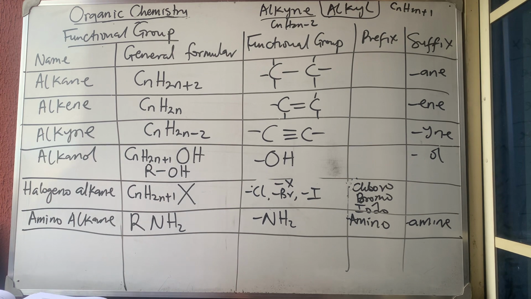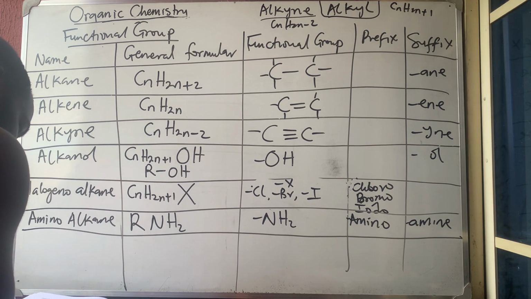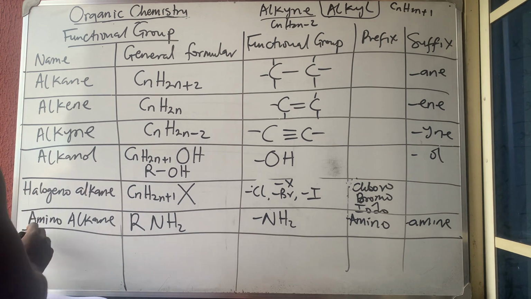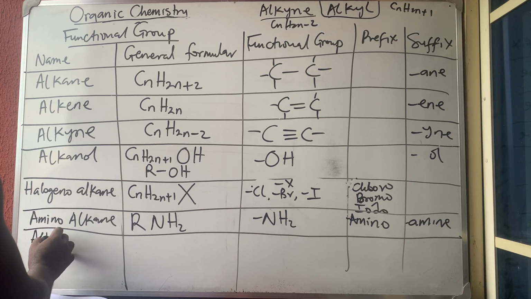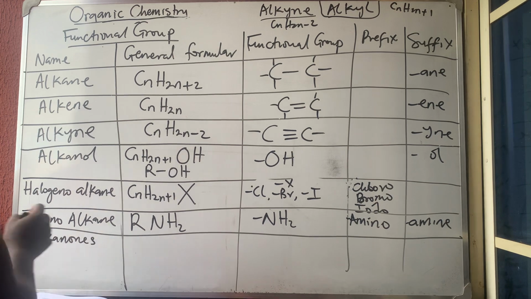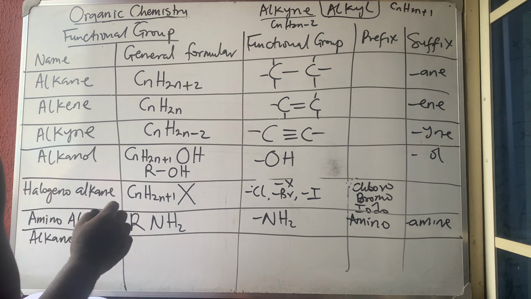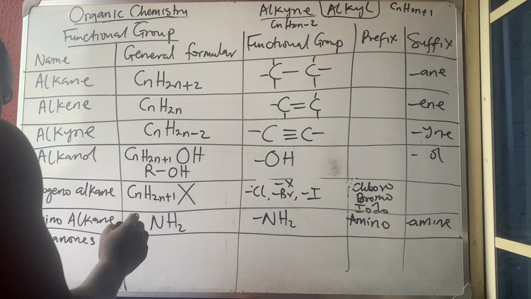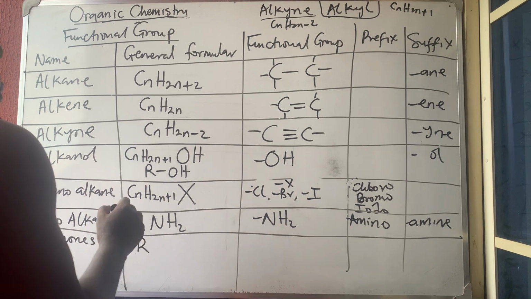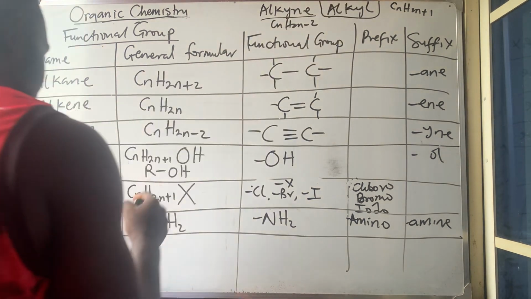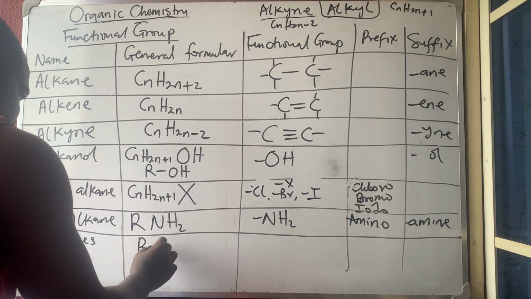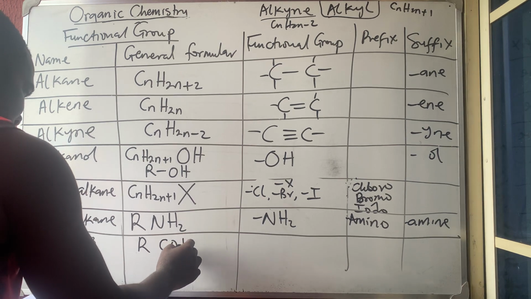The next one we'll talk about is the alkanone. Now for the alkanones, don't forget that first of all you have the R, because we always use the alkyl. So you have the R, then the CO group, then you have the R closing it.